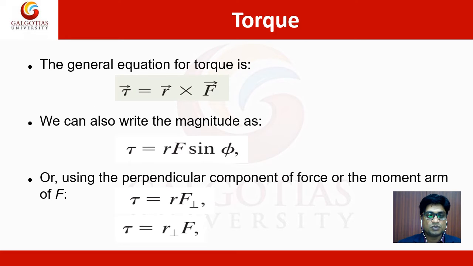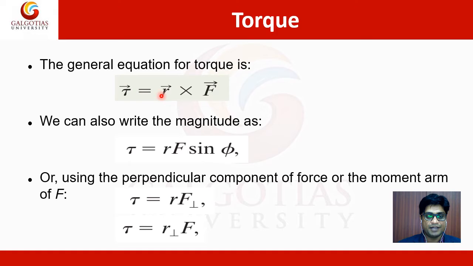The general equation for torque is tau equals r cross F, so it's a vector product. We can also write it as tau equals r F sine phi, where phi is the angle between r and F. If they are perpendicular, phi will be 90 degrees.